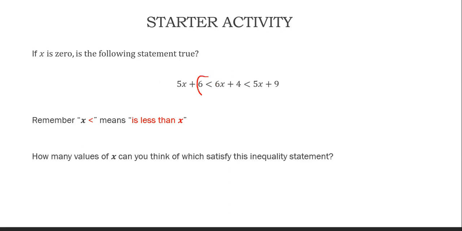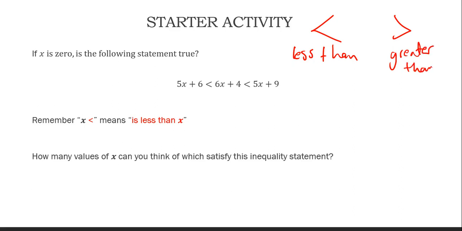If you're looking at this symbol, that is what you'd call a less than symbol. And this symbol here is greater than, because reading it from left to right, less than, greater than. That's what these symbols mean. You've also got this symbol.